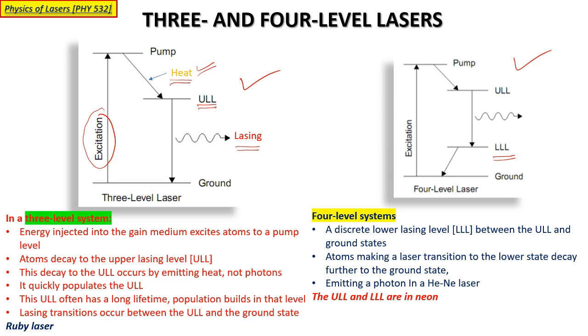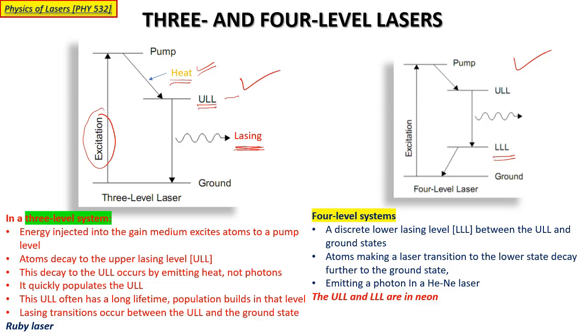So from the pump level it decays to the ULL, heat is generated, and then it stays at the ULL and further decays to the ground by emitting photons, which is the laser. The population inversion is developed here, more electrons are gathered here as compared to there, and that is why the lasing happens. This is what happens in the 3-level laser.